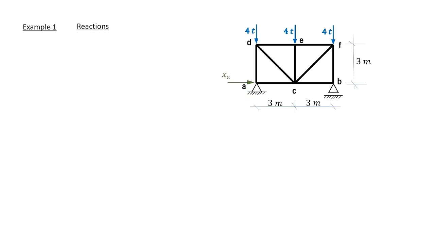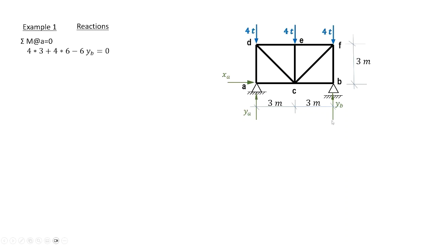We have our reactions: 2 reactions at A because it is a hinge, and 1 reaction at B because it is a roller. Taking sigma moments about A equals 0, we have 4 tons multiplied by the arm 3 and 4 tons at F multiplied by the arm 6 meters until we reach A. The 4 tons rotate clockwise about A, and we assume the sign to be positive.